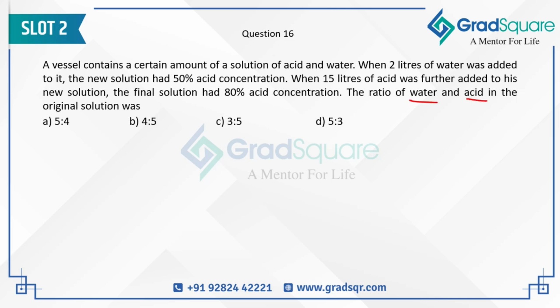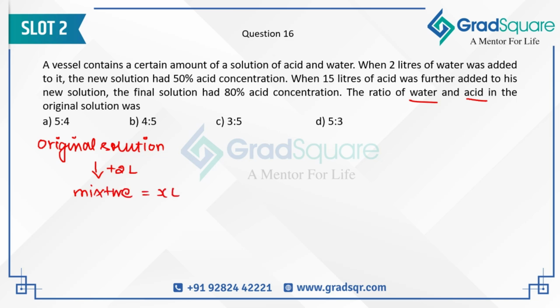Now let me take the initial mixture as the original solution. This original solution has some amount of acid and some amount of water. Now to this I am going to add 2 liters of water. Then I am going to take this mixture as x liters.